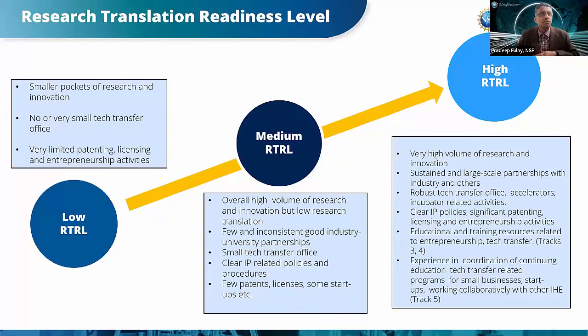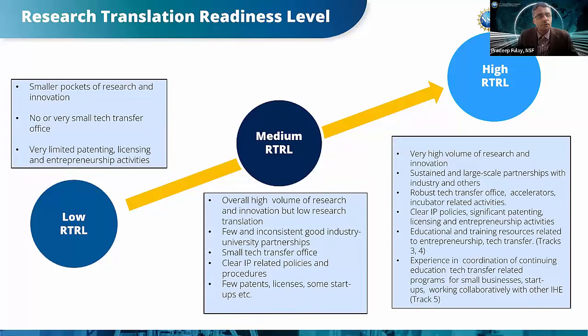But at these smaller institutions, perhaps there are smaller pockets of innovation, but there is not enough activity to justify the existence of a tech transfer office or dedicated resources aimed at entrepreneurship and tech transfer. So overall, at some of these institutions, the activity in terms of patenting, licensing, and entrepreneurship activities, whether they result in economic or other types of impacts, tends to be on the lower side. So that's what we consider as low RTRL, low research translation readiness level.